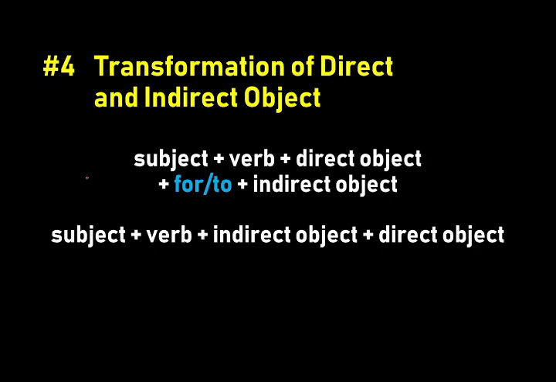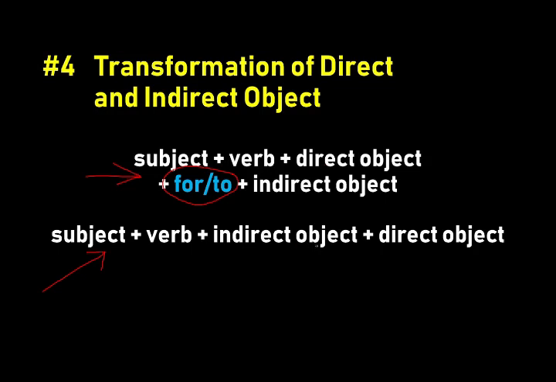Notice that the first form has the word for or to, the preposition, and for or to are the prepositions usually used in this transformation. But in the second form, we don't see any preposition.